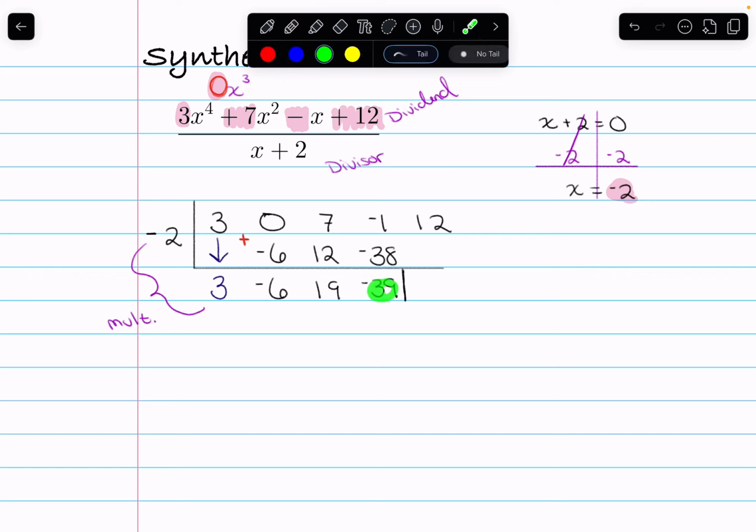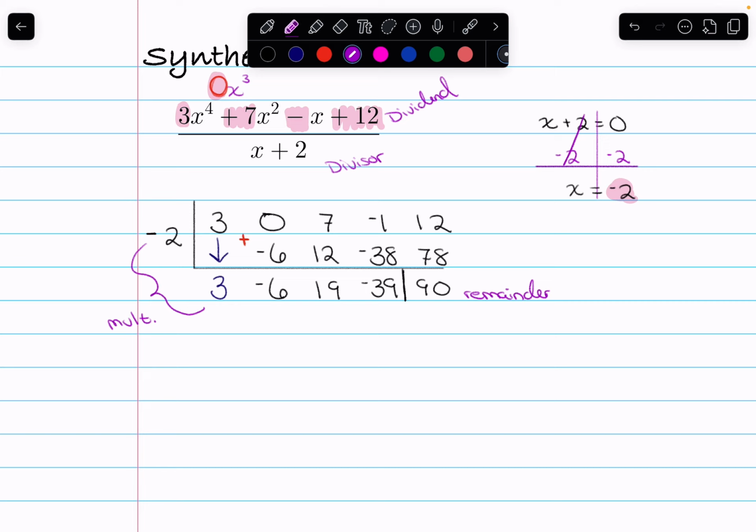And then negative 39 times a negative 2 is a positive 78. And then 12 plus 78 is a positive 90. This is our remainder. Okay, so that's the process.